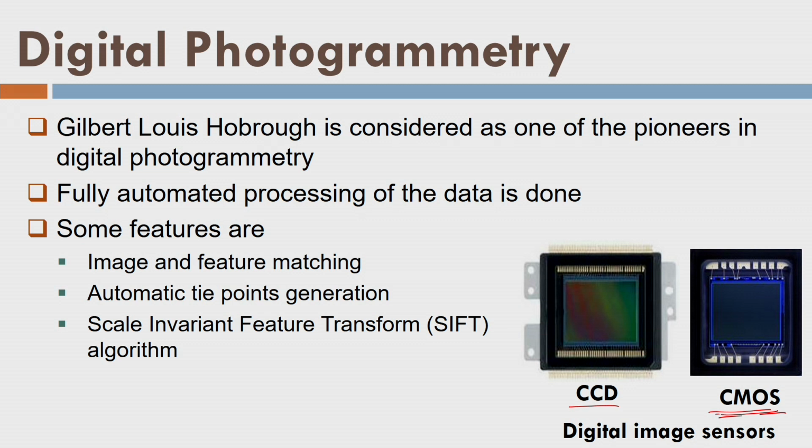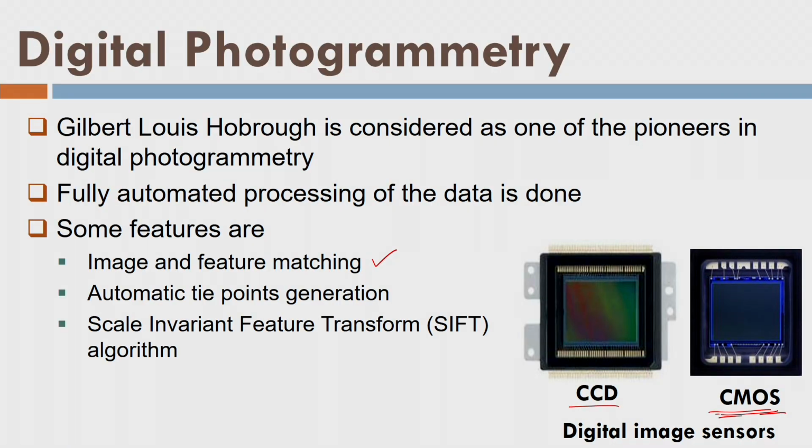As a result, there is a very important thing, for example, image and feature matching. Suppose there are two images with some overlap, having information about the same area on the ground. We say that they are overlapping images. Now I want to find out which points are common in the two images. That is why we say image and feature matching.